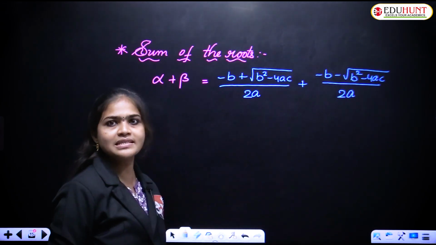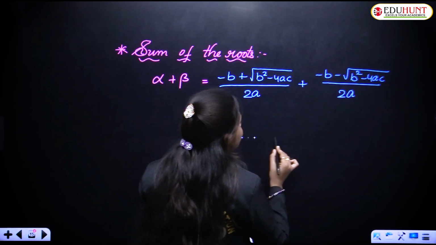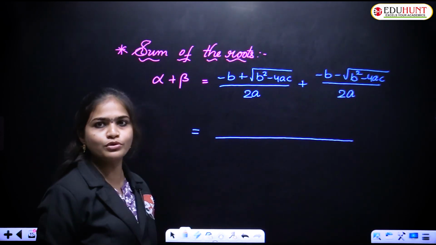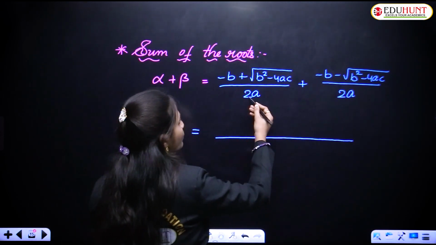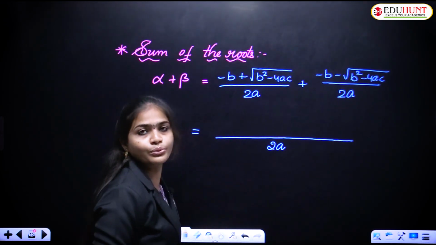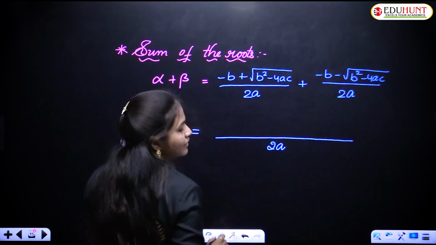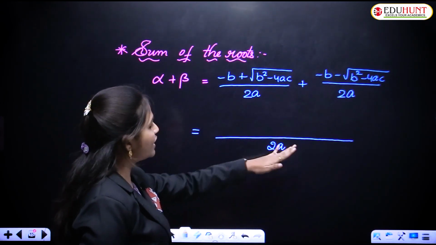Alpha plus beta is equal to, take the LCM of those two roots. Here 2a is there, and here also 2a is there, so the LCM is also 2a. Am I clear? The denominators are the same, so we write the denominator as it is.